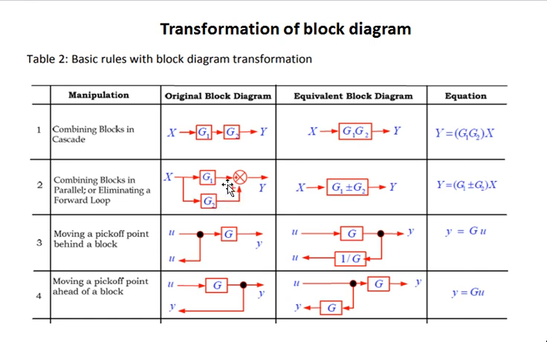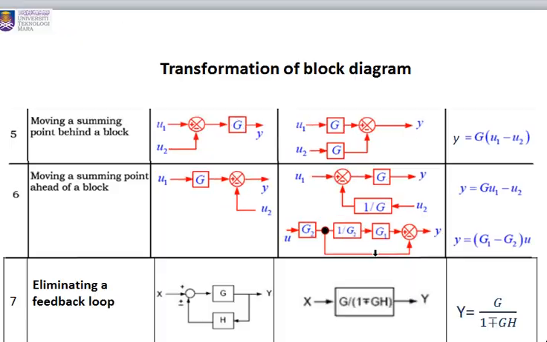In rule number 2, you just copy the sign, but in rule number 7, you need to vice versa the sign. Make sure you know the sign. Careful with the sign.